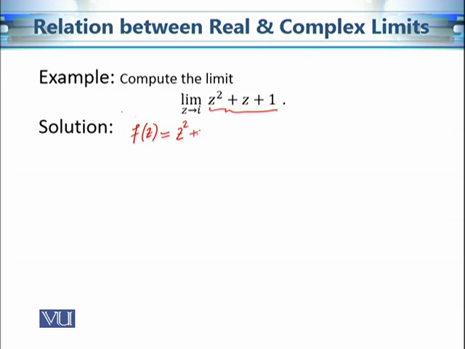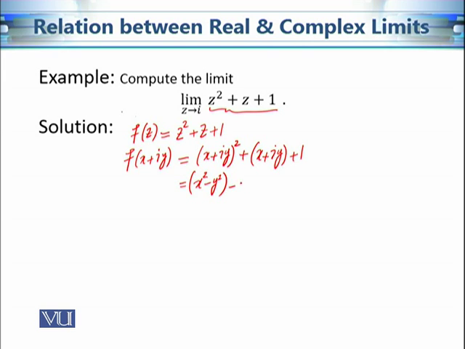So z square plus z plus 1. Now f of x plus iota y is equal to (x plus iota y) square plus x plus iota y plus 1. So this becomes x square minus y square plus 2 iota xy plus x plus iota y plus 1.